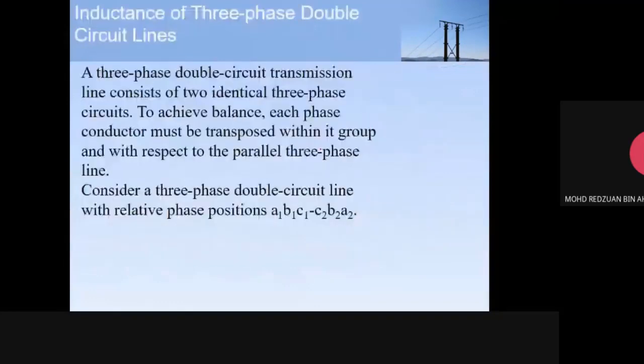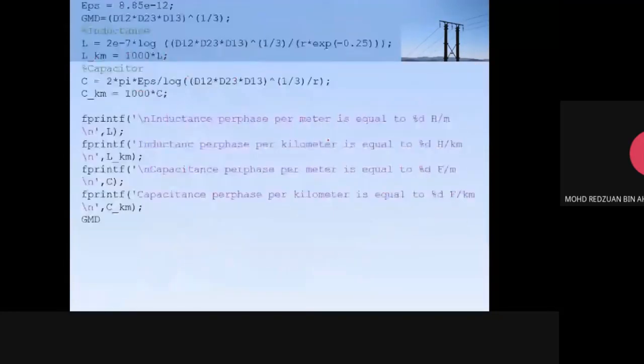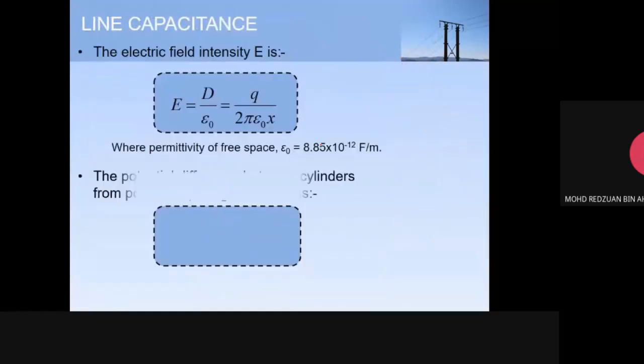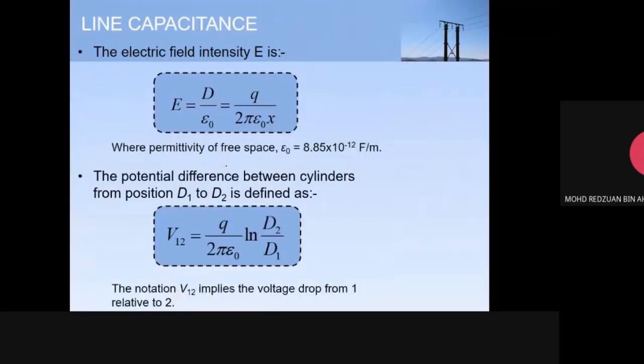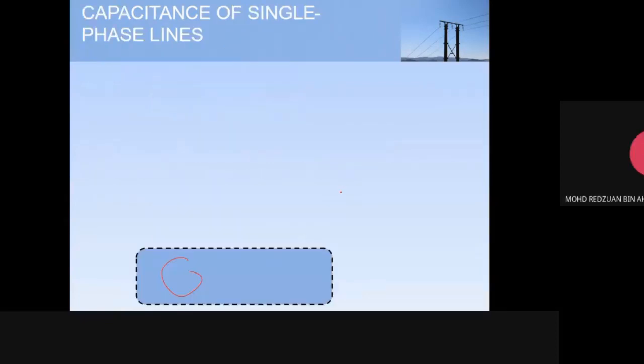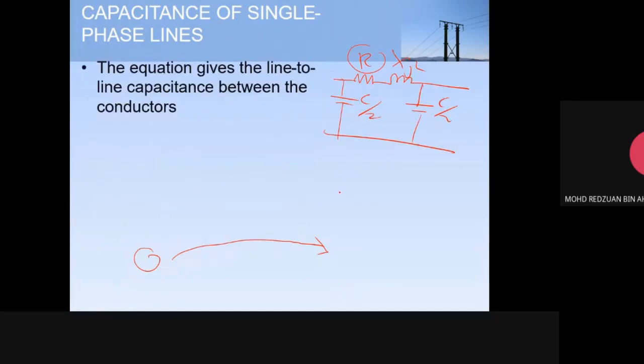Permittivity of free space, epsilon naught. This is the value. Actually, you don't have to remember all these numbers. Inside your calculator, they have these numbers. You can call this number by using your calculator, the preset value. So how to calculate?